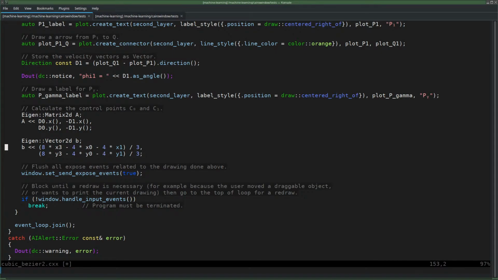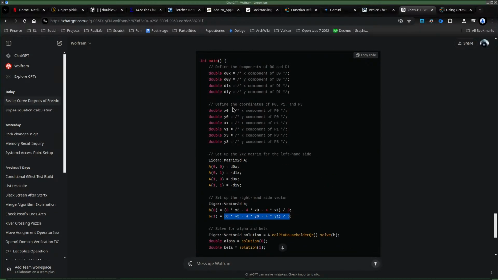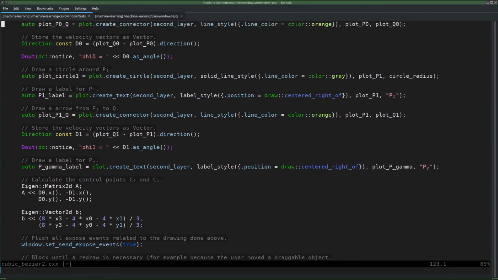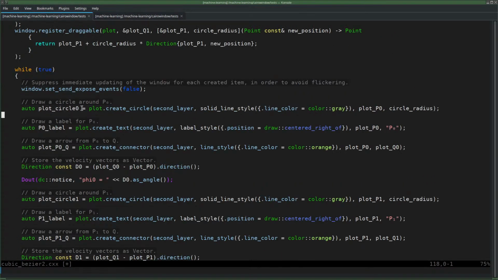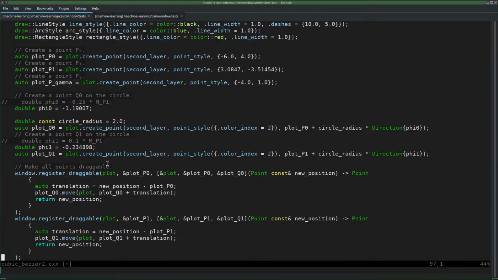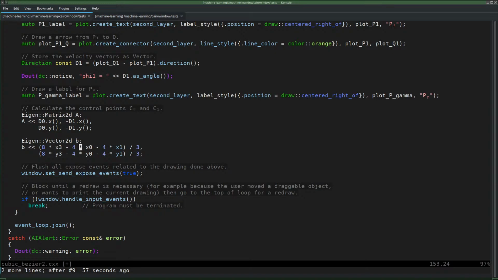Where then x0 is obviously the x coordinate of P0. Yeah, so just P stuff. So I'll call these things plot P1, I think. It's all the way up here, these things. And then x and y again, member functions. So this is the x coordinate of P0 and the y coordinate of P0.